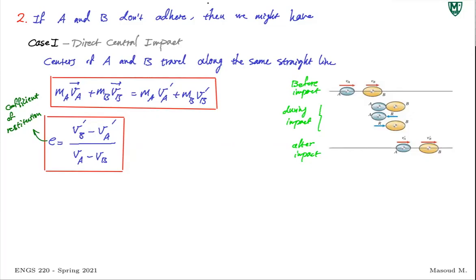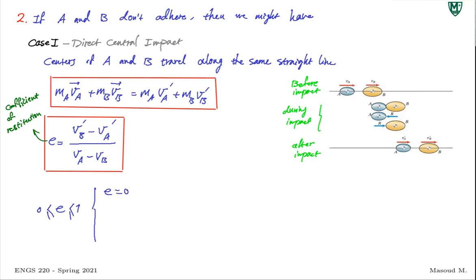Let's just put it this way. This coefficient of restitution, e, can be any value between 0 and 1. In reality, it's never exactly 0 or 1, but it gets close to these values, and when it's very close we can make that assumption.